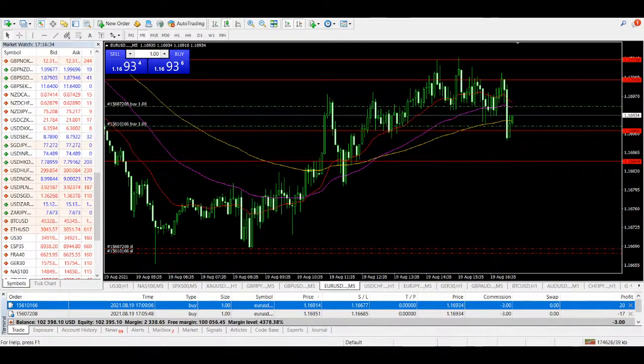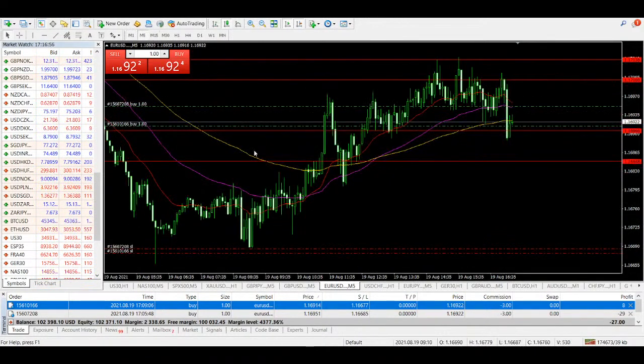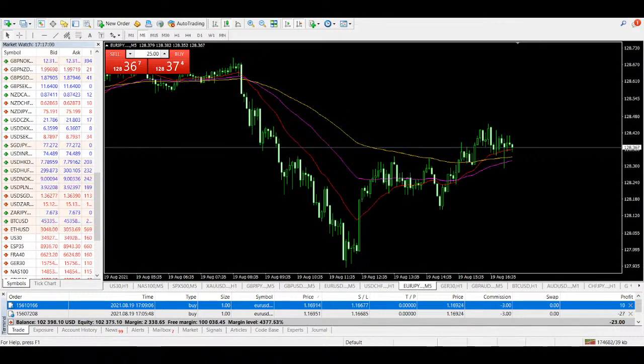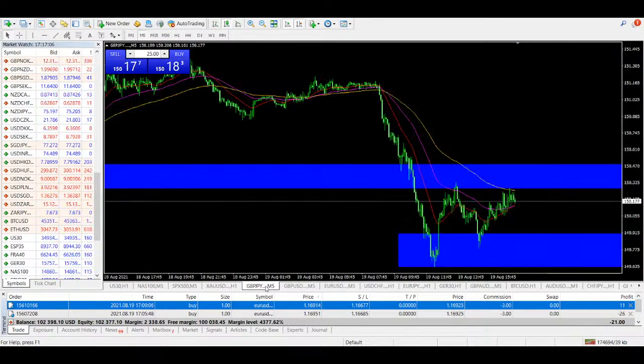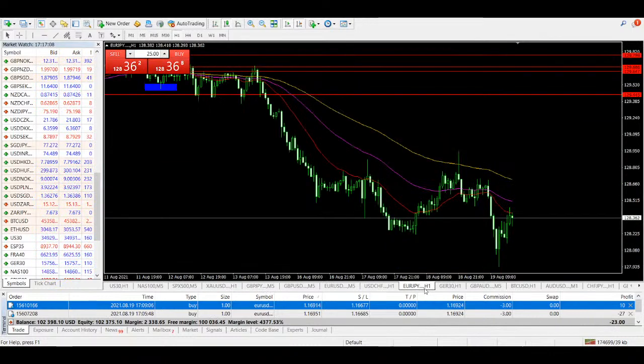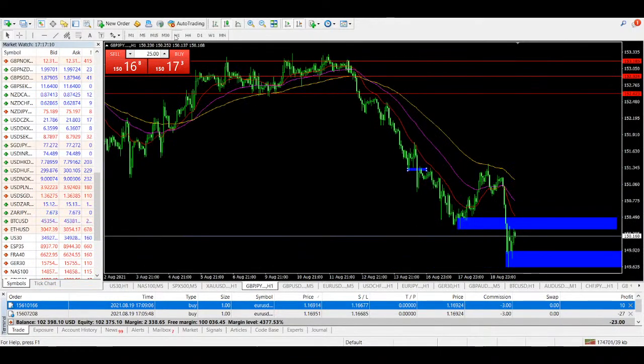Natural gas news in 14 minutes. I don't know how much that will affect my trading, to be honest. See, the formation on GBPJPY and EURJPY, they're not the same. They're not.